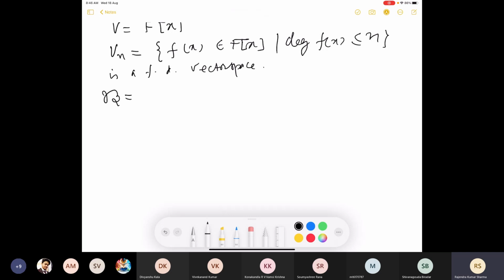And one basis which is straightforward can be seen as 1, x, and so on up to x power n. This basis is called the standard basis.